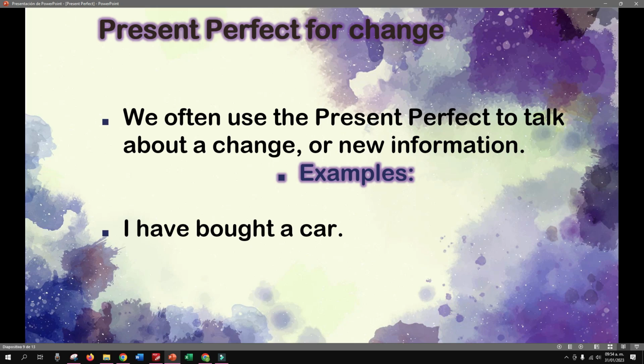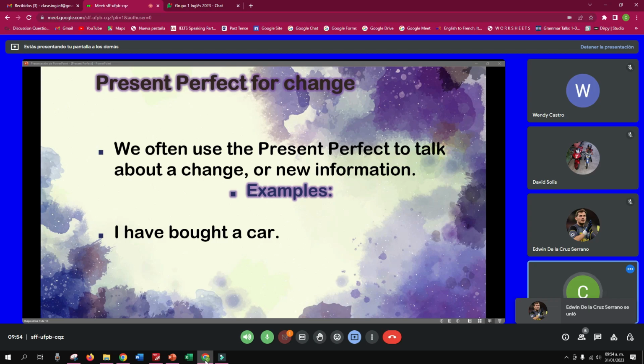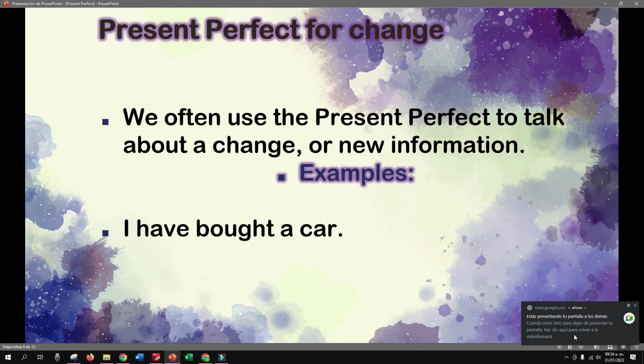This is like you had a car in the past, but right now you have another one, right? I know that you have a car, but now you're saying, I have bought a car. That is new information, or you changed something, right?